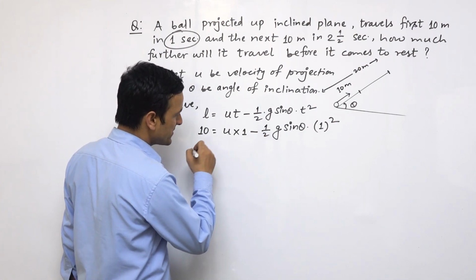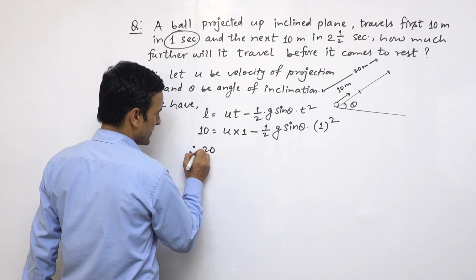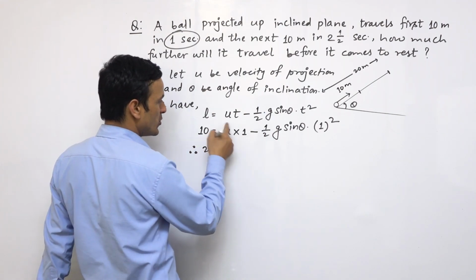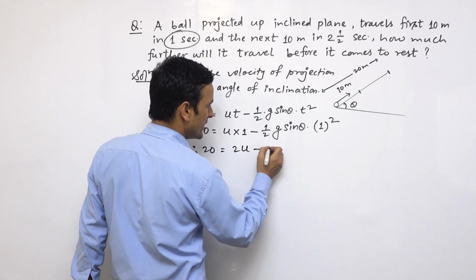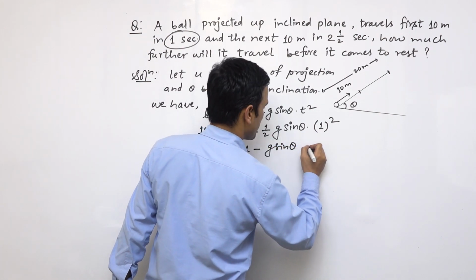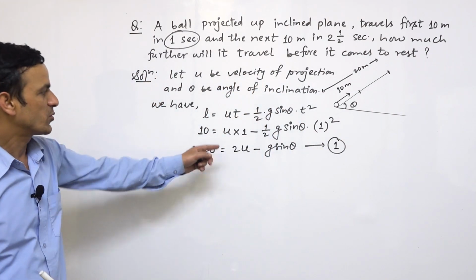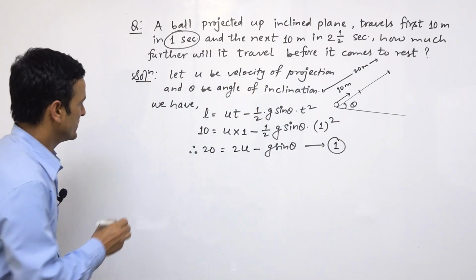If you solve it, then we get, after taking LCM, 2u minus g sin theta equals 20. So it is equation 1.